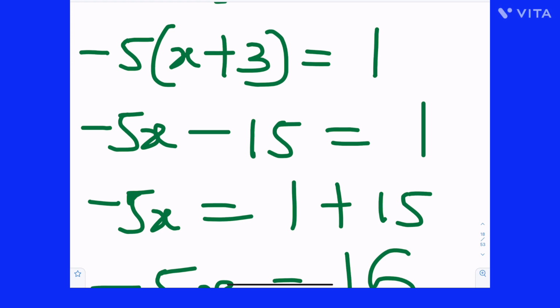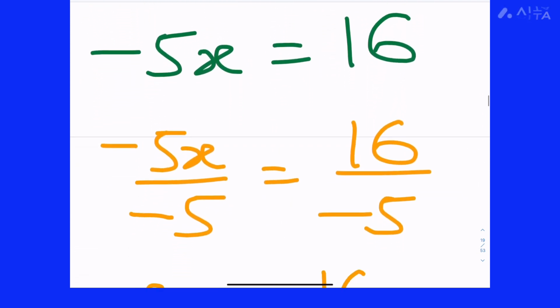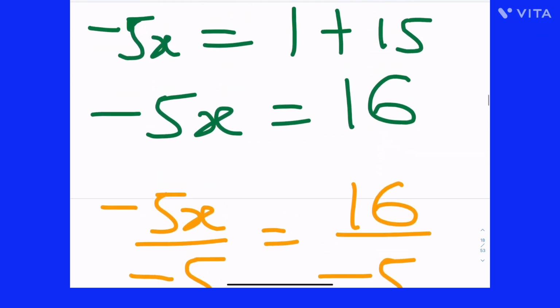I'll collect like terms. Minus 15, when it crosses the equality sign to the right, it will become plus 15. So you get minus 5x is equal to 1 plus 15. 1 plus 15 is 16. Divide both sides by minus 5 here.